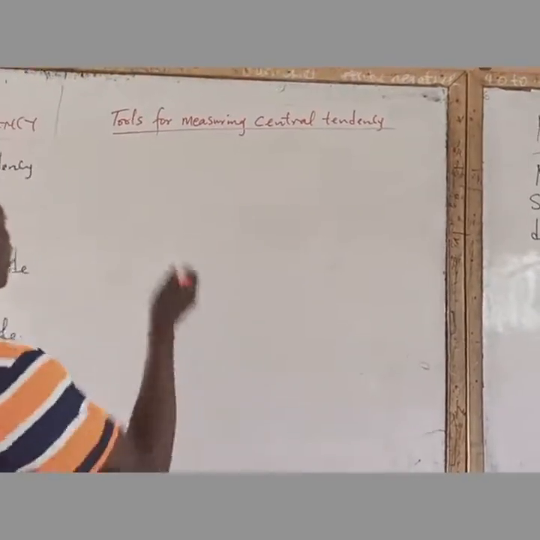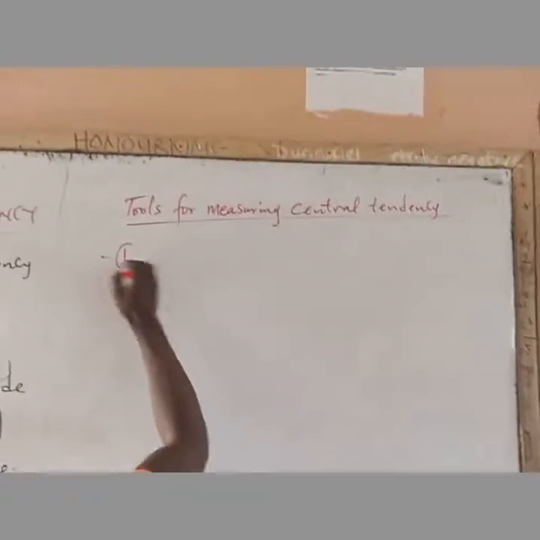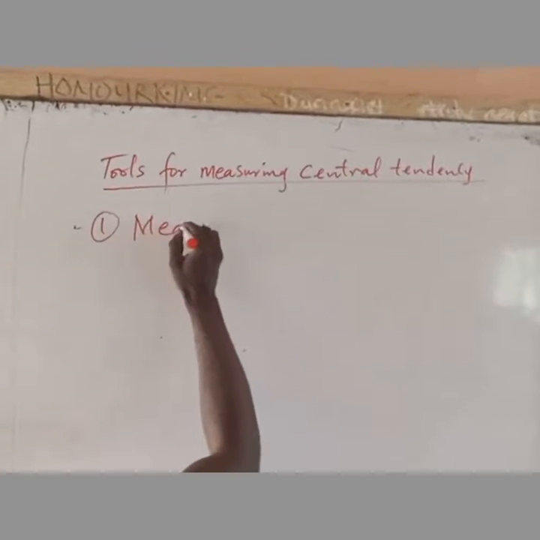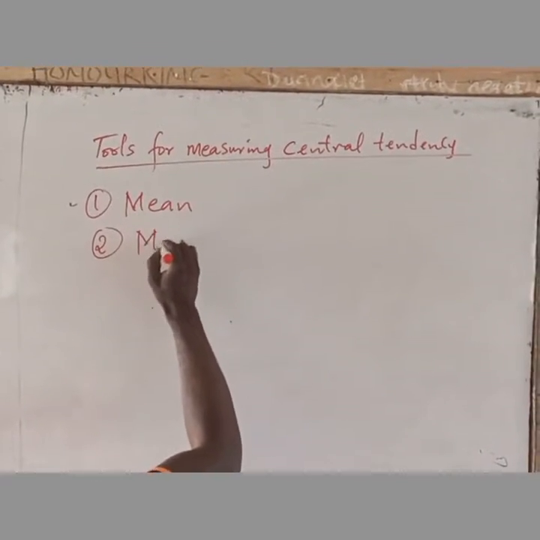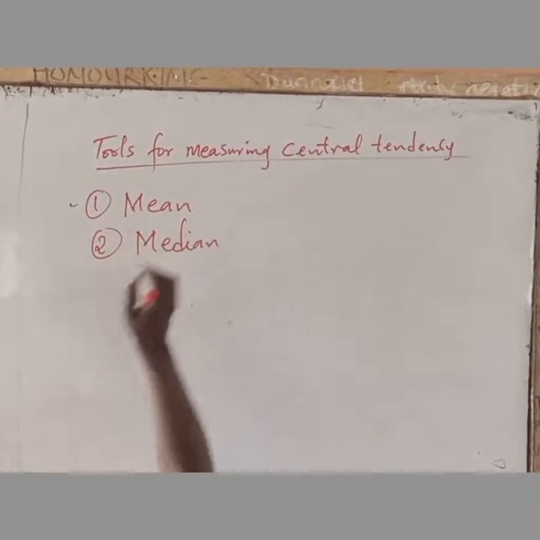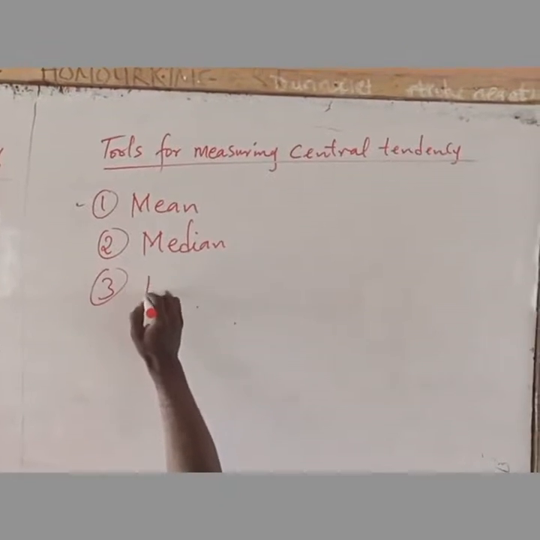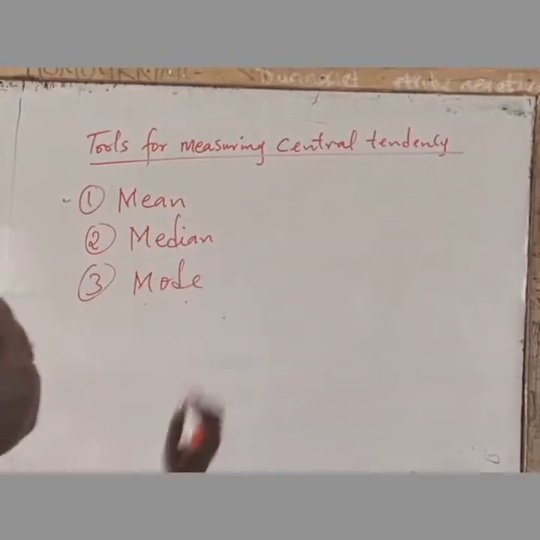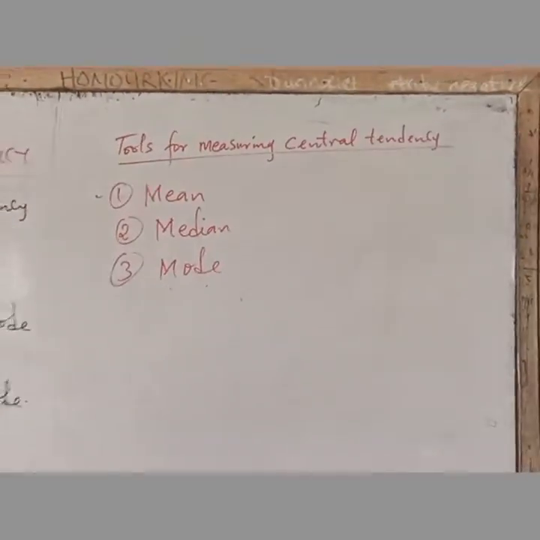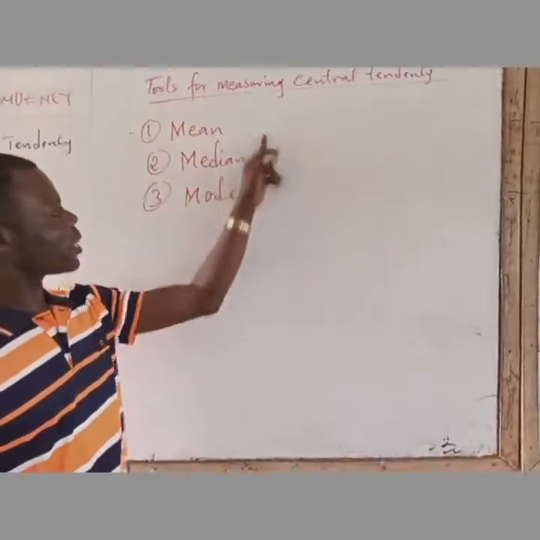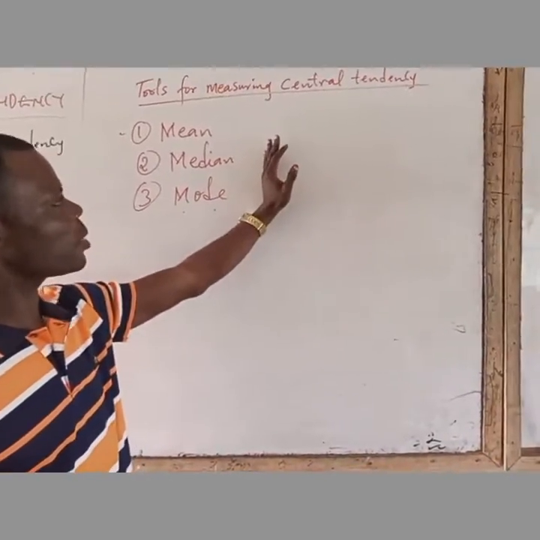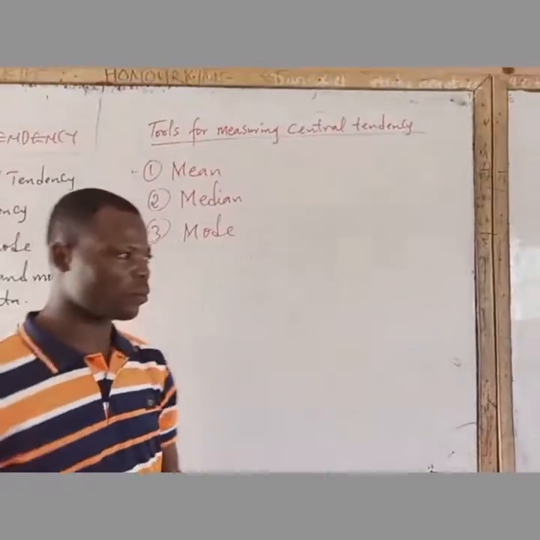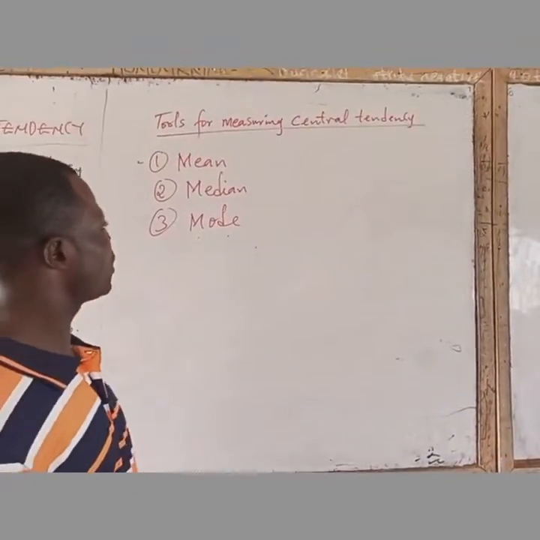Number 1, we have the mean. Number 2, we have the median. Number 3, we have the mode. These three statistical tools are used to measure central tendency of any given data.